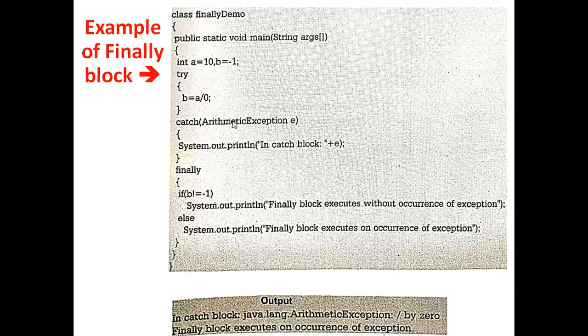As we know the value of B is -1, therefore the else part will be executed. Therefore, finally block executes on occurrence of exception. In this way, we have seen the use of the finally block in exception handling.